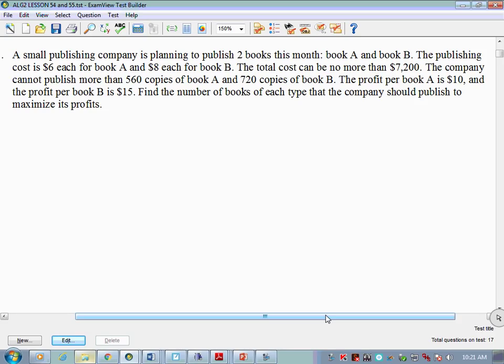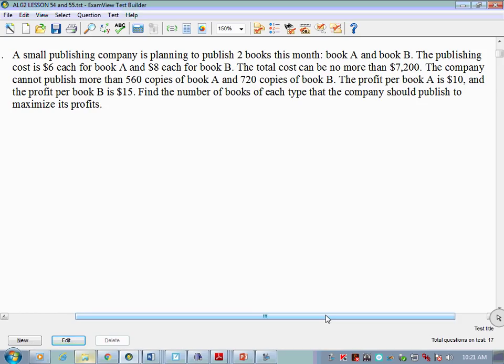The company cannot publish more than 560 copies of Book A and 720 copies of Book B. The profit per Book A is $10. The profit per Book B is $15. Find the number of books of each type that the company should publish to maximize its profits.